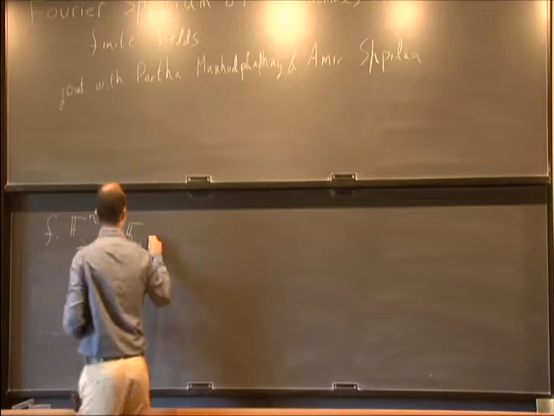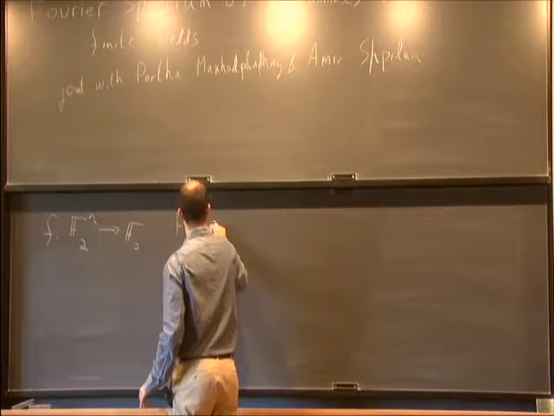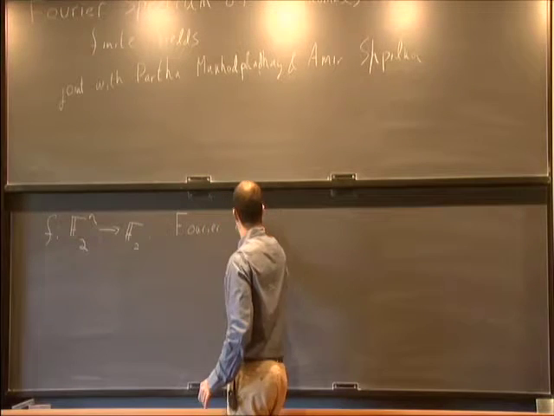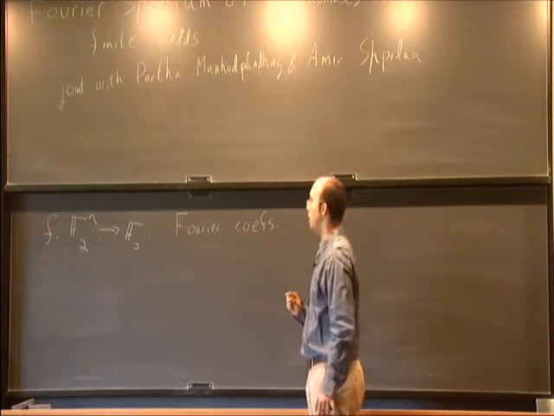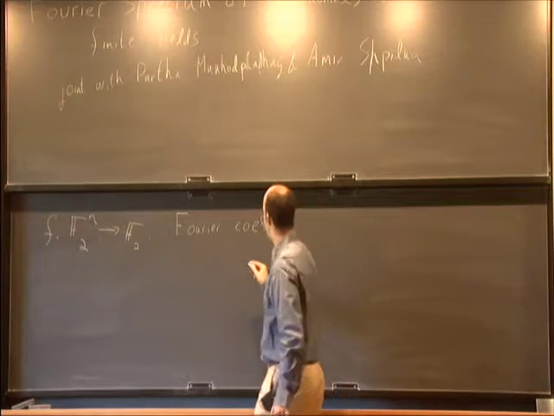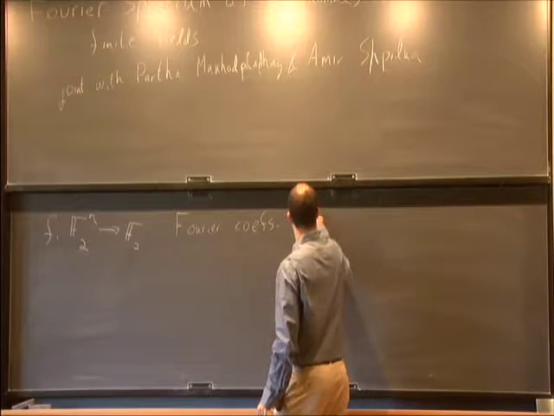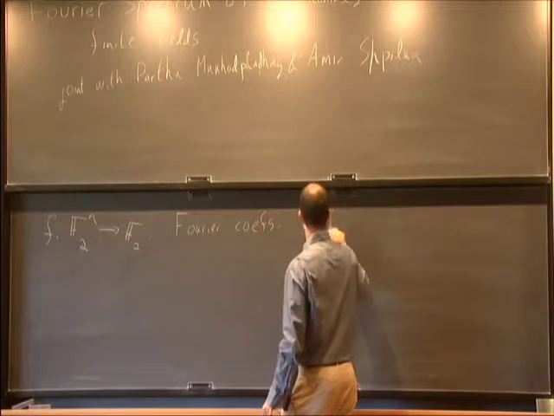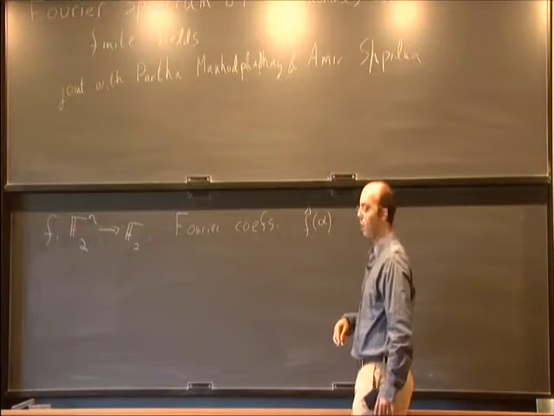That's the function. And so the Fourier coefficients are just the usual thing. It's a correlation of our function with linear functions. So I'll denote it the alpha Fourier coefficient of f. It's really the alpha Fourier coefficient of (-1)^f, but let's denote it like that.